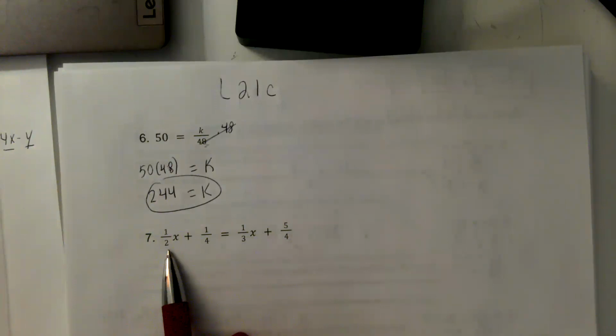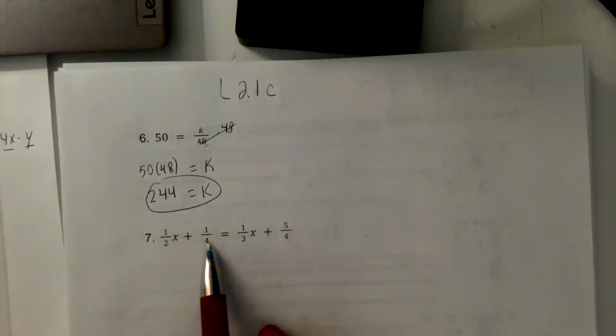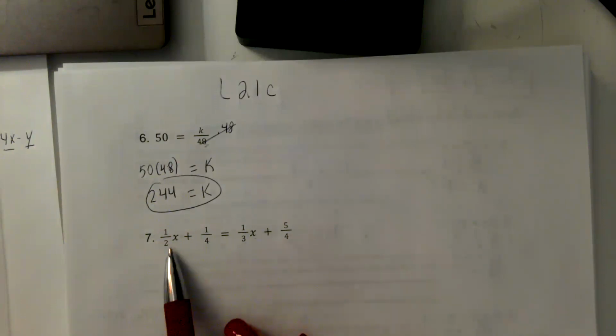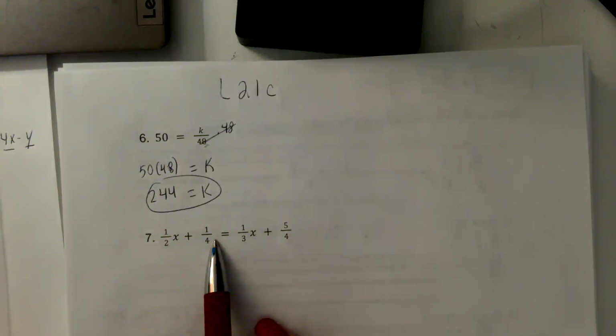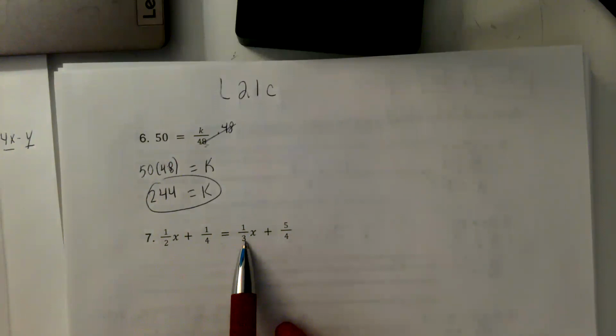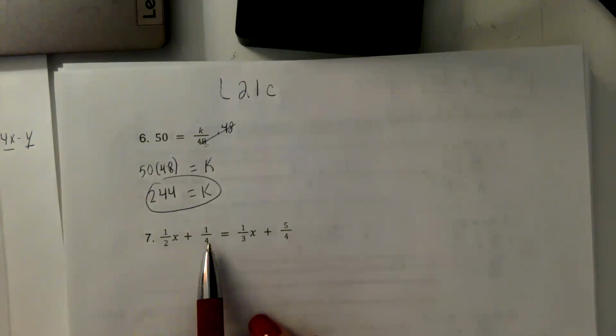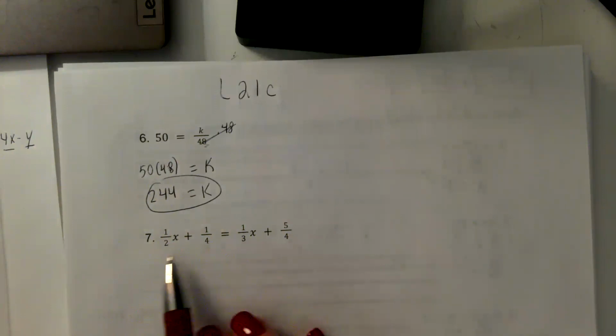Okay, the next one that has a fraction, we have 1, 2, 3, 4 fractions. So we have to come up with a multiple that is a multiple of each of these 2, 4, and 3. 8 is a multiple of 2 and 4, but it's not a multiple of 3. So sometimes multiplying them together works, but I can say 4 times 3 is 12, and 12 is also a multiple of 2.